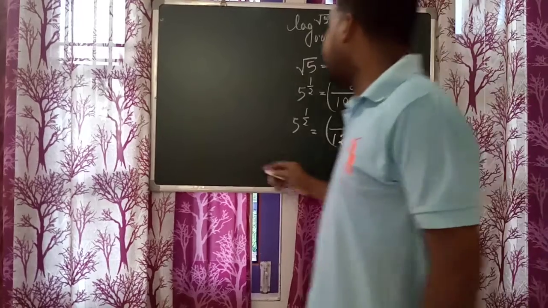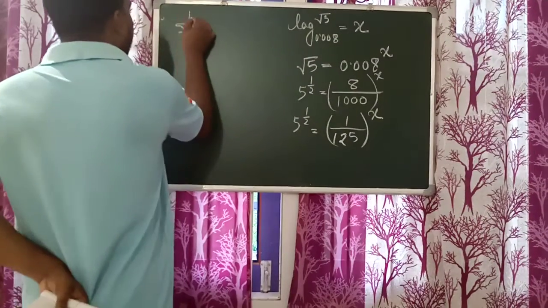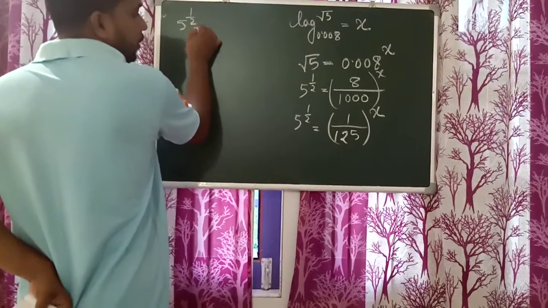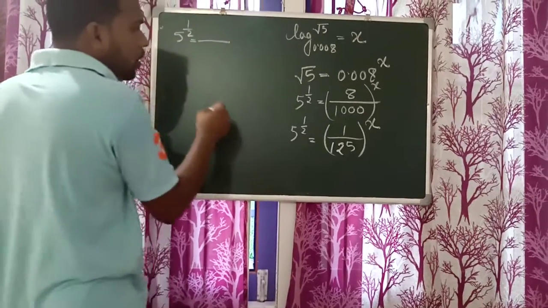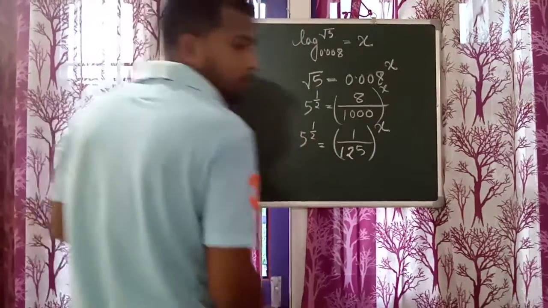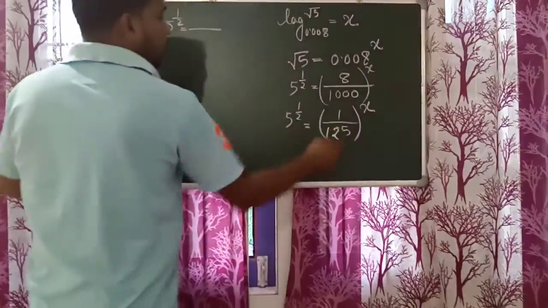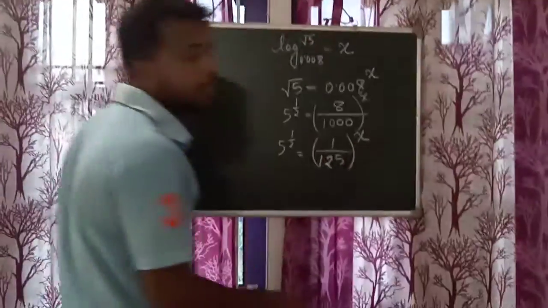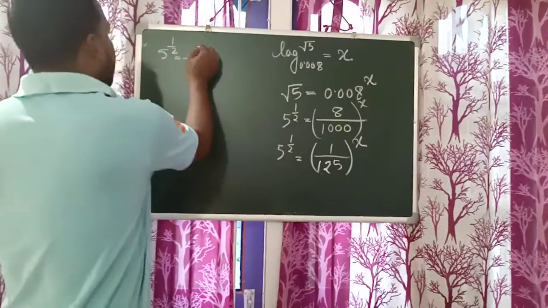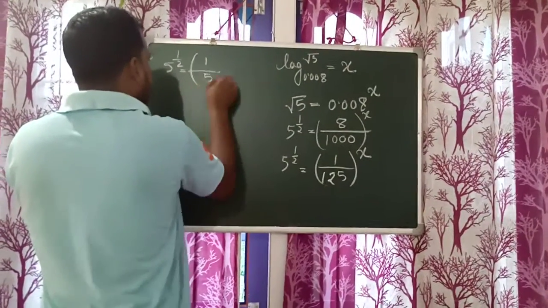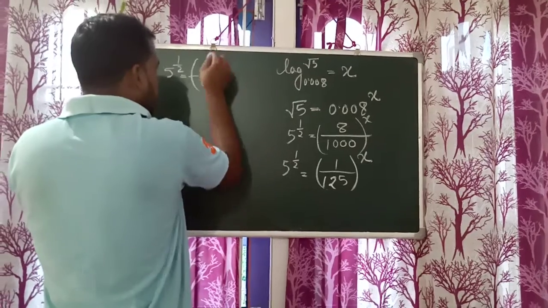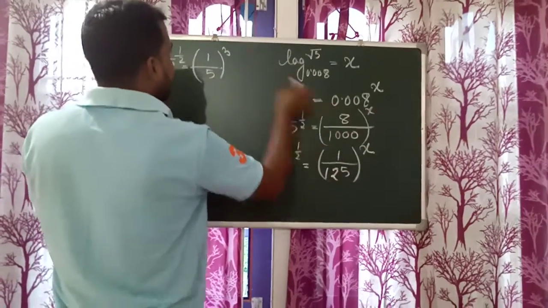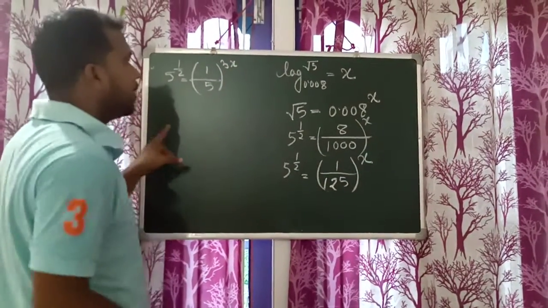Then this one can be written as 5 to the power half is equal to, and see here, 1 can be written as 1 cube and 125 can be written as 5 cube. Then 1 by 5 cube, then this x is there, just multiply x.